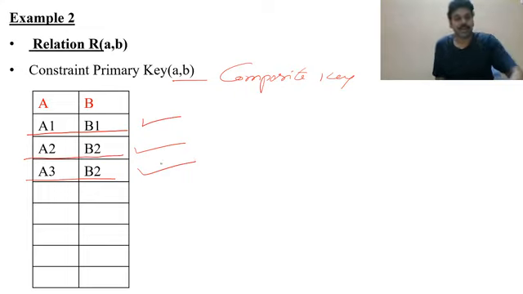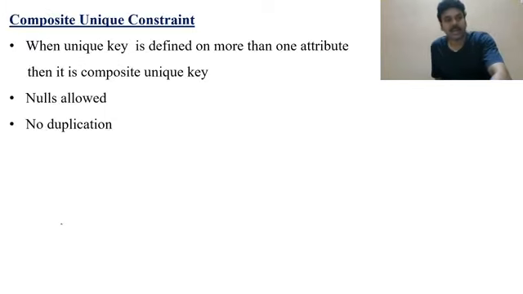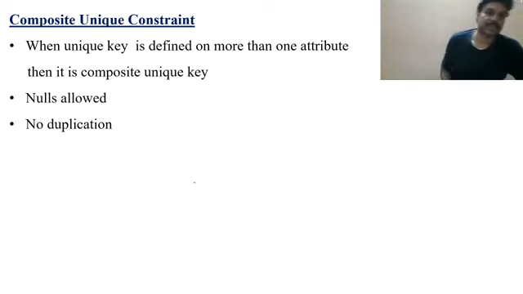Now if I am writing one more entry, A1 and B3, this is also valid. Why? Because the A1 B3 combination is not available in the earlier rows. If I am writing A2 and B2, now this is what? Invalid.